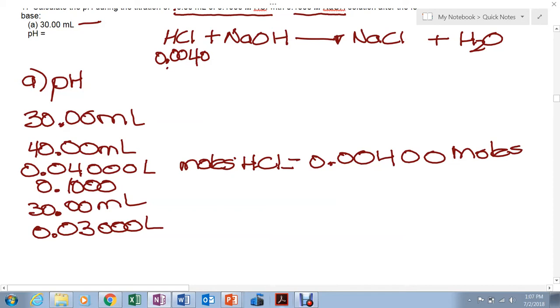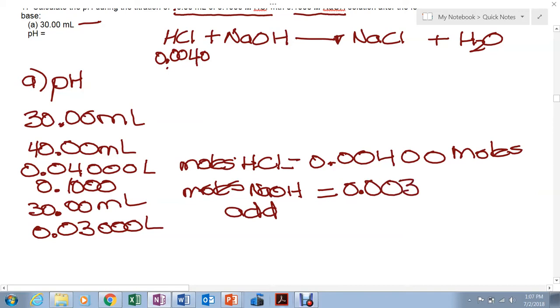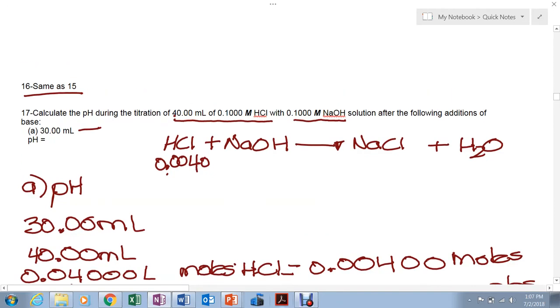And the moles of NaOH added is going to be 0.003 moles, because we multiply the liters by the molarity, and the molarity is 0.1, like the acid here.